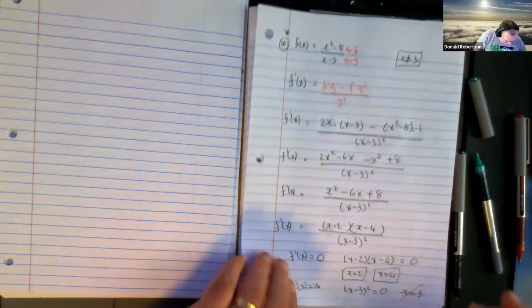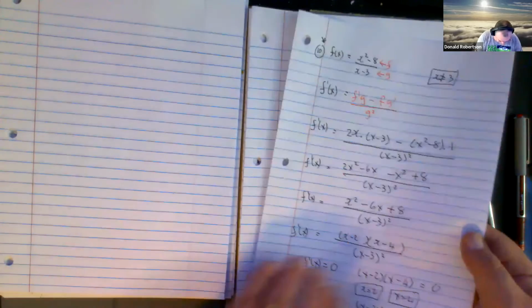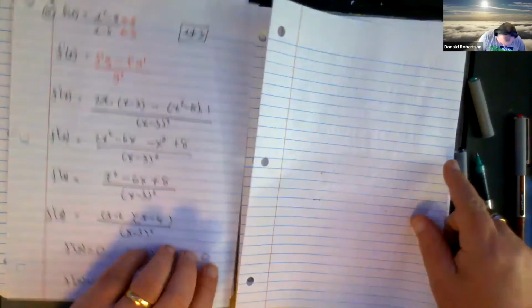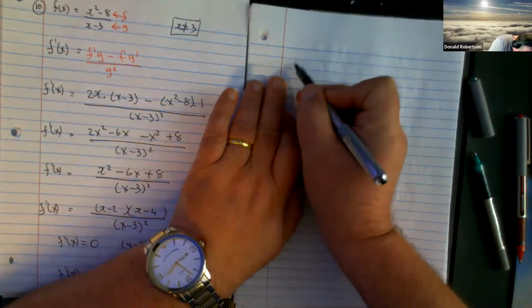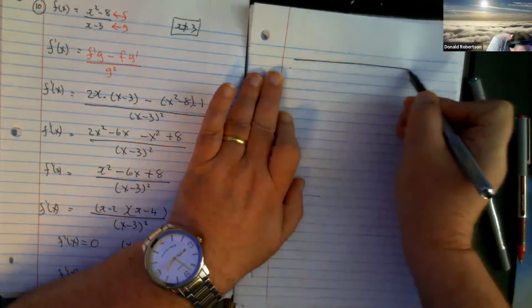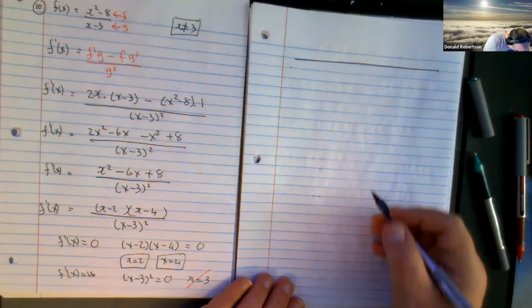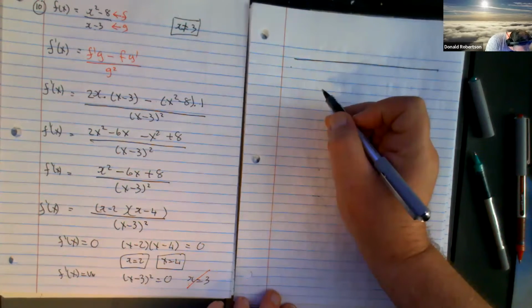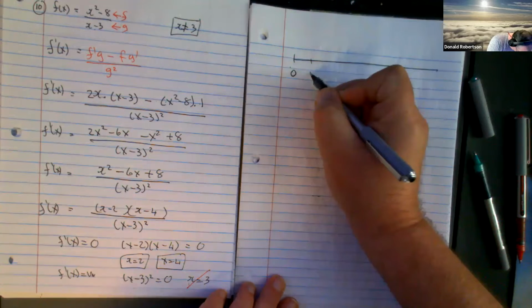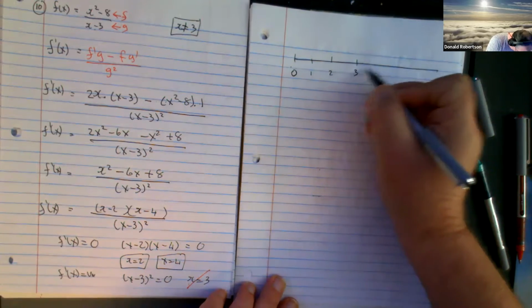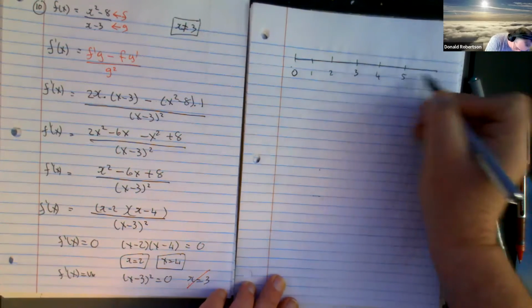Right. Now, after saying that, I'm going to kind of break the rule a little bit, but sometimes you have to do that because of consequences. So I'll draw my number line, and I definitely want to put in a 0 here. 1, 2, 3, 4, 5. That's plenty of room.